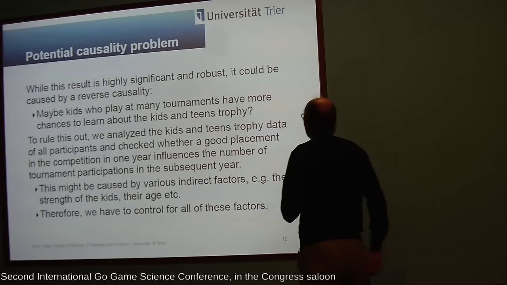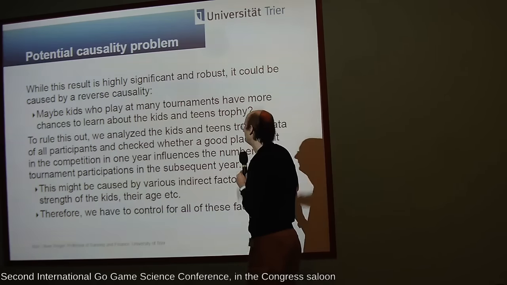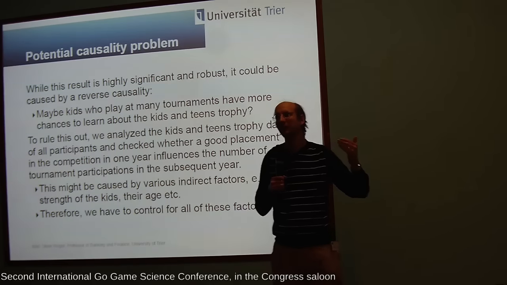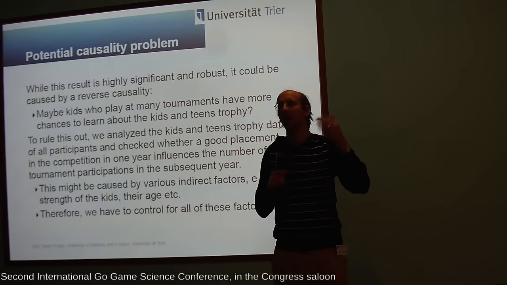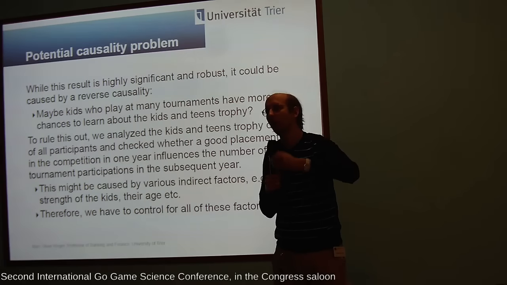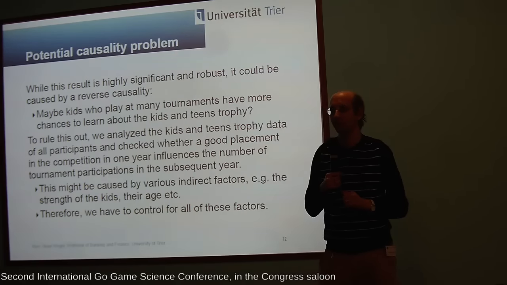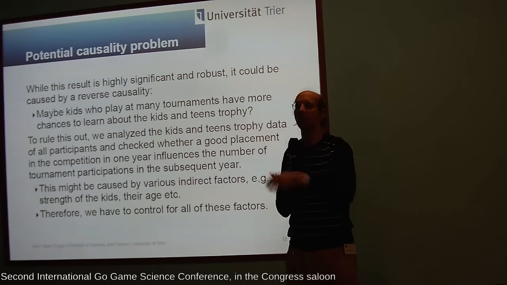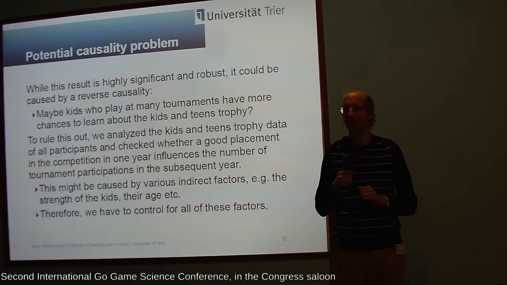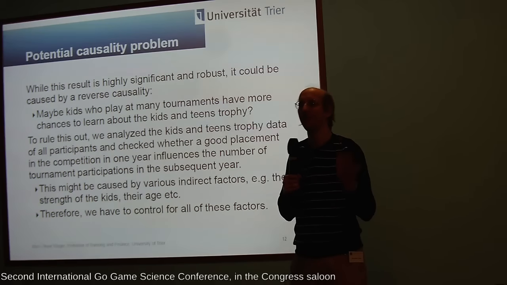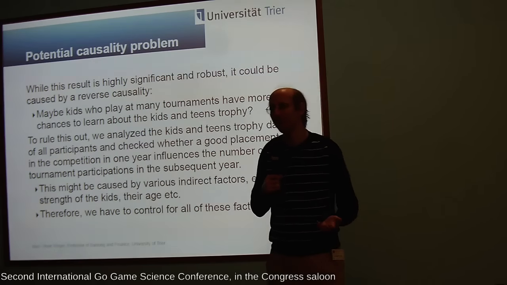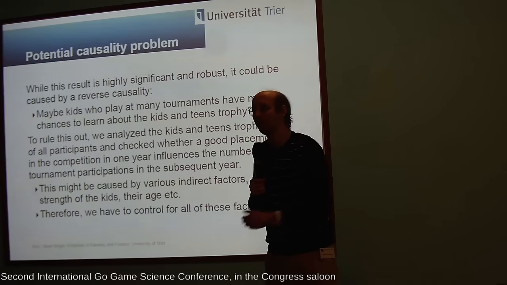So instead we now use this Kids and Teens Trophy data and check the following. Does a good placement in one year lead to more subsequent tournament participation for a participant? So if I have a good performance this year, will I play more tournaments next year because of that? But now you could say, if I got a good performance this year, that means I played a lot of tournaments, so I'm one of these guys who always goes to tournaments next year too.